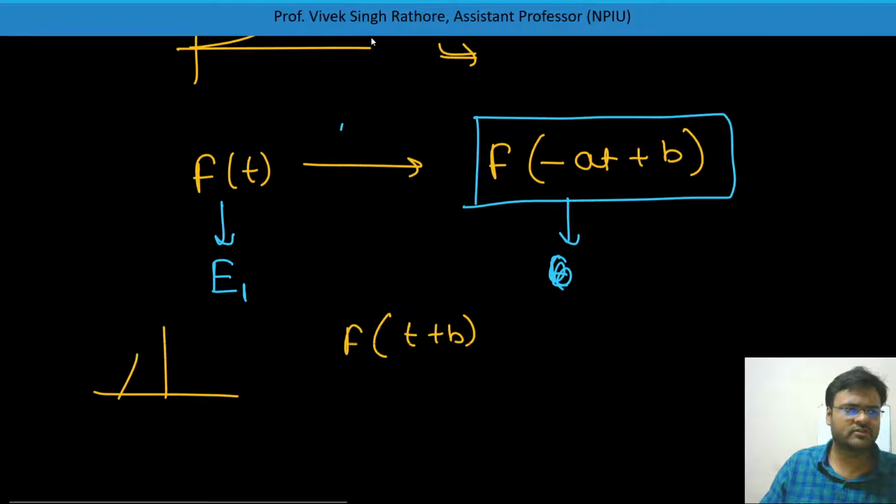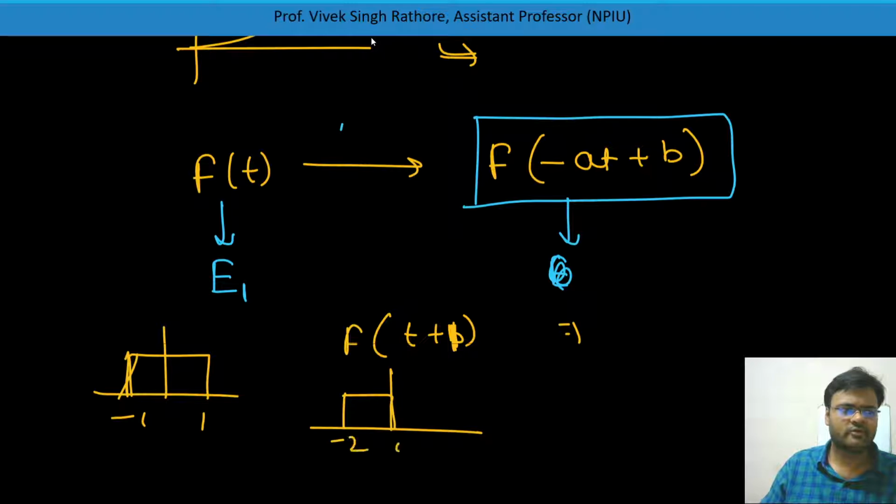Let's suppose this signal was there, from minus 1 to 1, and now you have shifted to f(t+1). So it will come like this, from minus 2 to 0. Now will the energy change? No, it won't change, because the values are only shifted, it is not compressed or expanded.